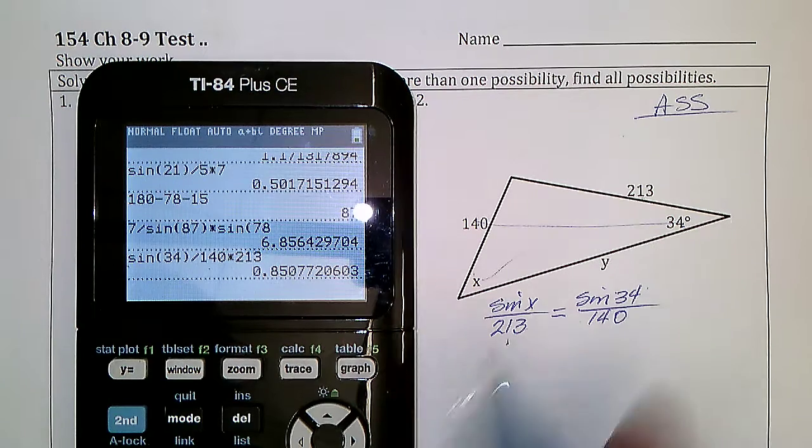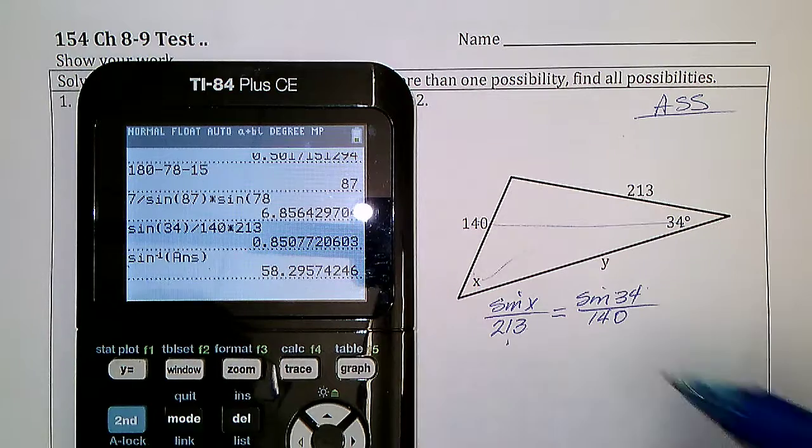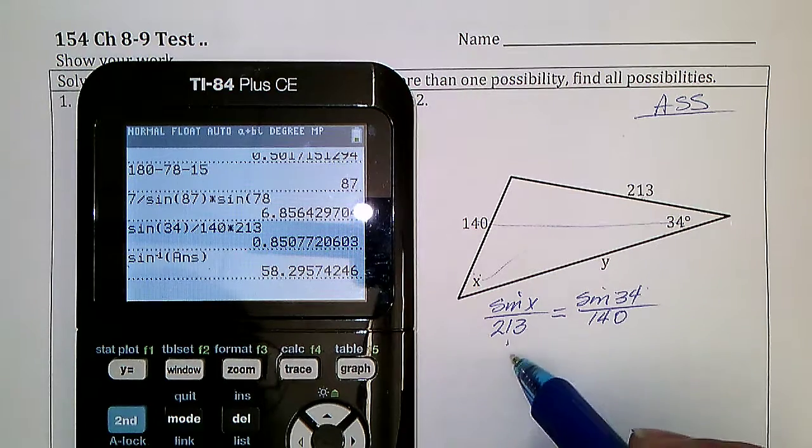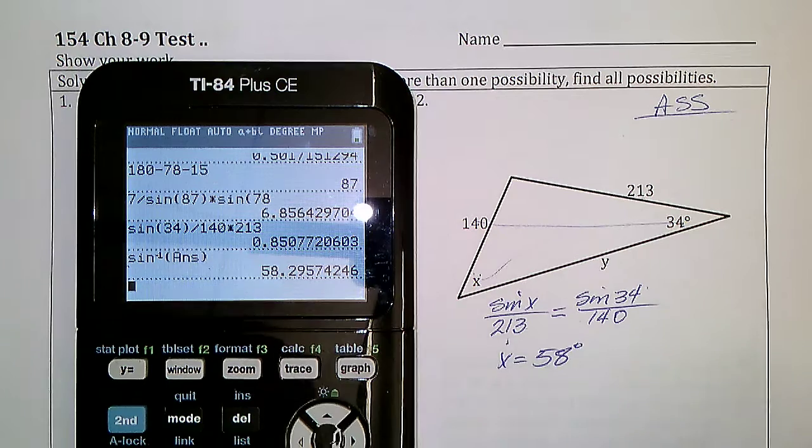And then I got to take the inverse sine of both sides of that answer. And I get x could be 58 degrees.